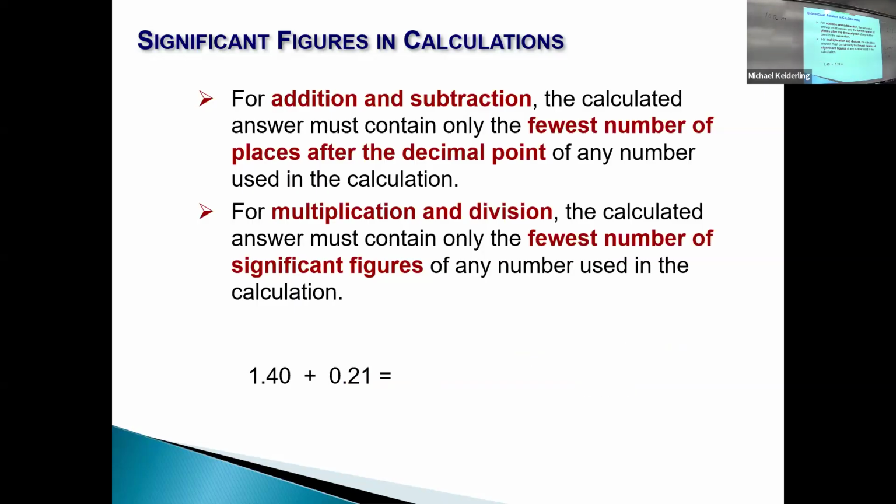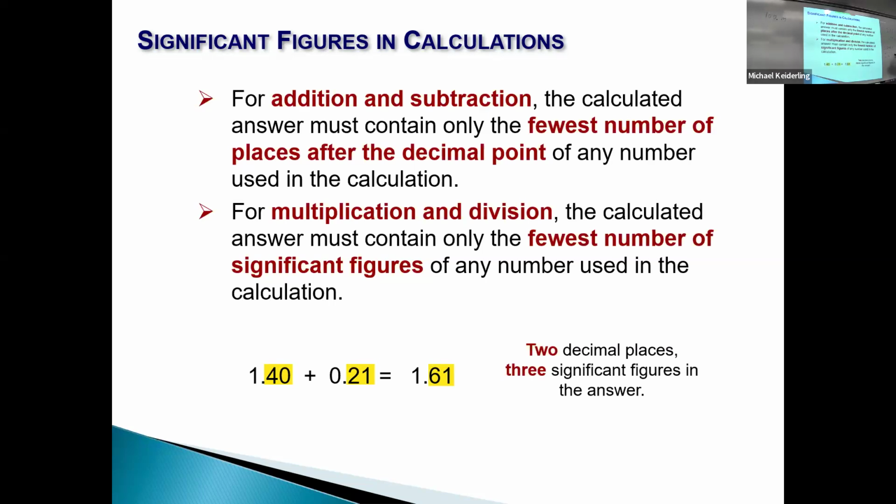Here we have 1.40 plus 0.21. And strictly speaking, this should be 1.61 with three significant figures, even though 0.21 only has two significant figures. So this technically increased the number of significant figures. And this is something that could happen.